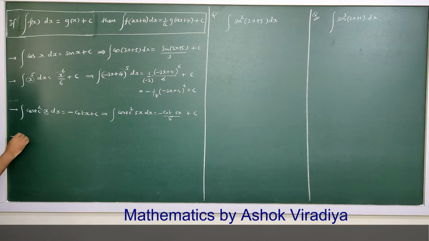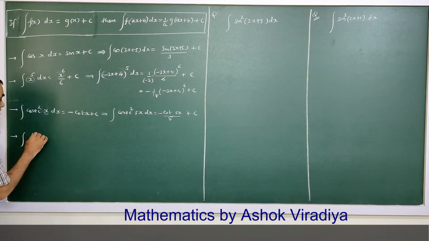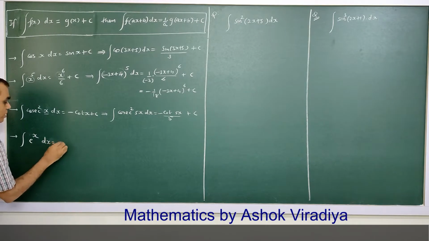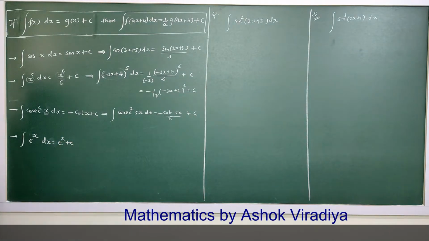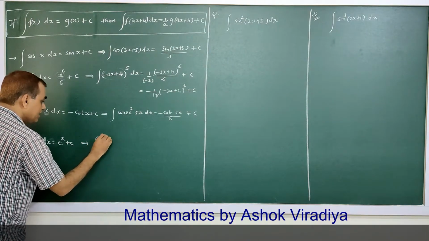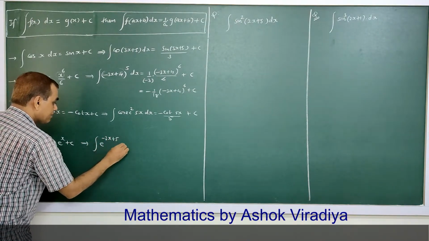Suppose the integral of e raised to 4x minus 11. First of all, the formula for e raised to x: the integral of e raised to x is e raised to x plus c. This is the formula. Therefore, the integral of e raised to minus 3x plus 5.